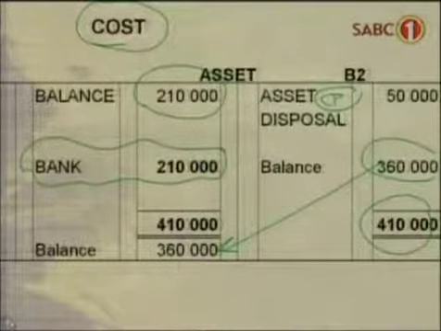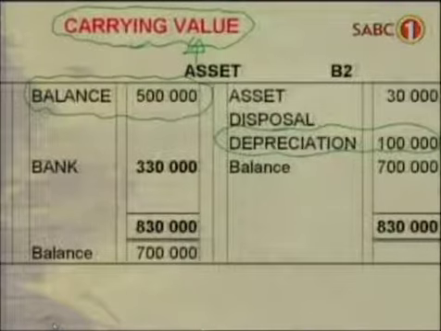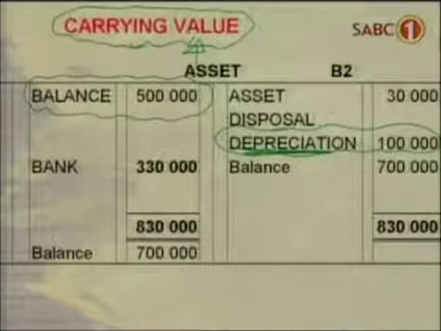Notice, in this asset account, there was no depreciation on the credit side. Whereas in this one, because we're working at carrying value, you have to include your depreciation, guys. Please, important consideration. You must have noticed in the past papers that you worked with, that they do ask you to work with the asset at carrying value. All right? Okay. Next one.